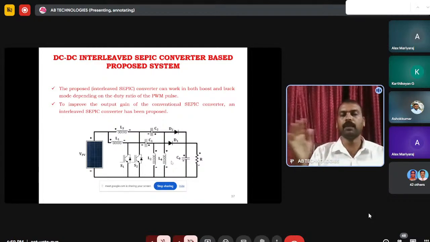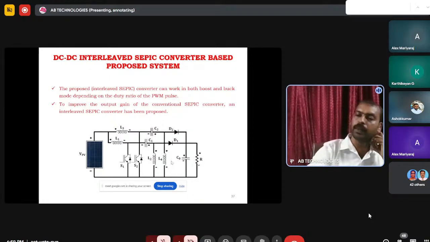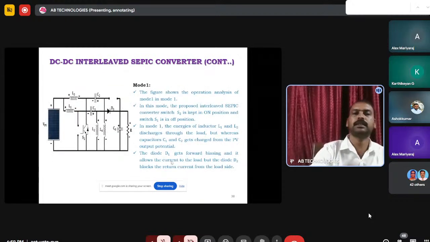So the lifetime of the particular converter or EV system will increase, and the two inductors are sharing the current, so the average current flowing through the overall circuit decreases. This will avoid the heating problem. So this is the advantage of the SEPI converter. But the only drawback is that the output current is discontinuous. So these are the modes of operation, how it is working.